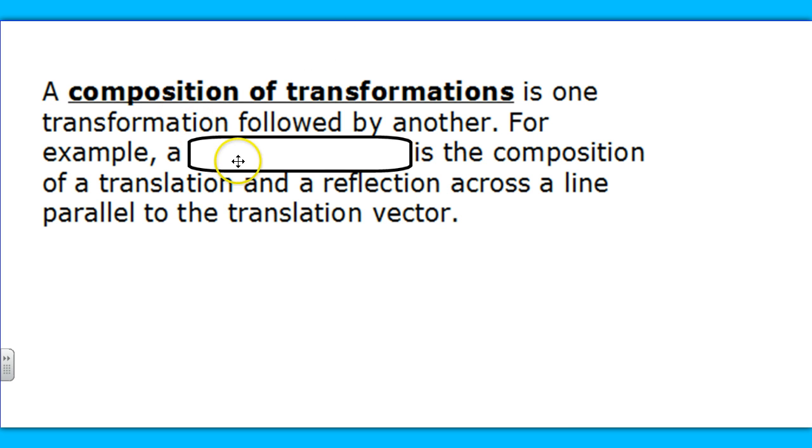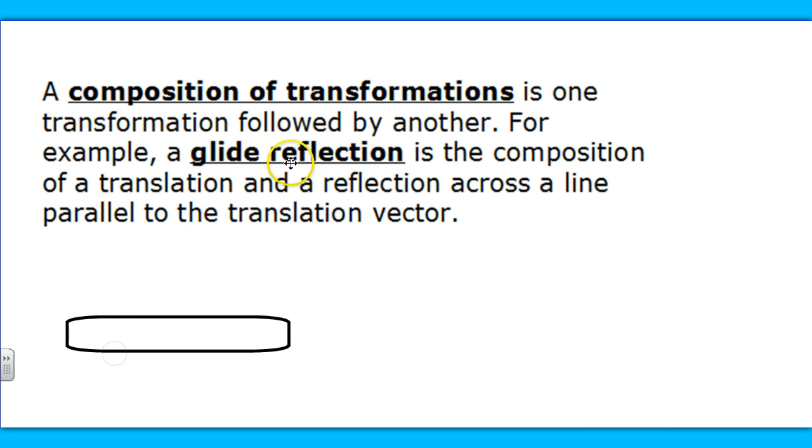For example, a glide reflection is the composition of a translation, that's the glide part, and a reflection across a line parallel to the translation vector. Okay?